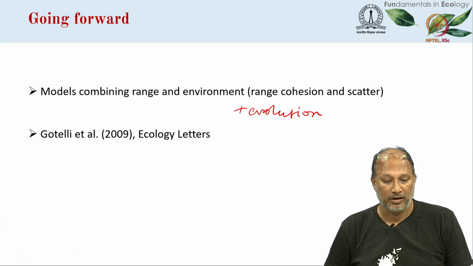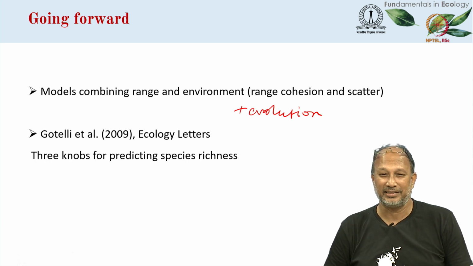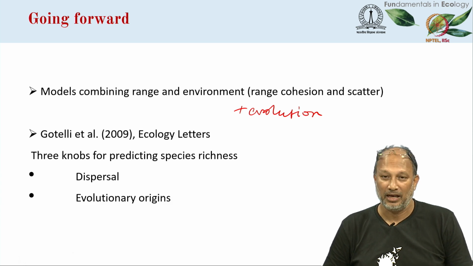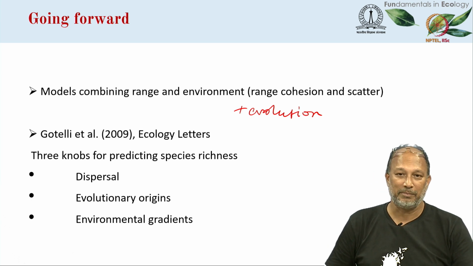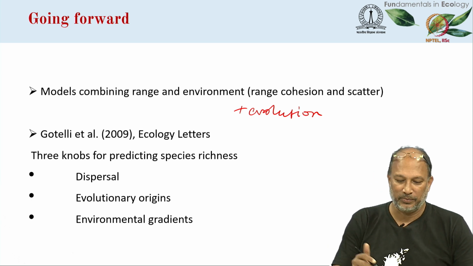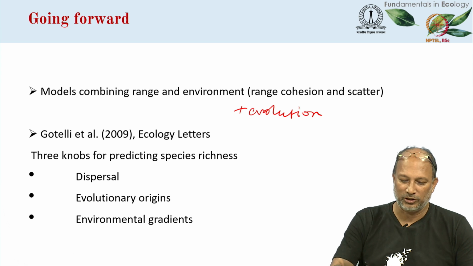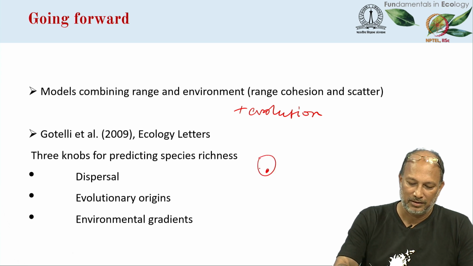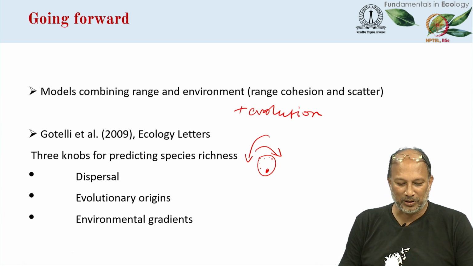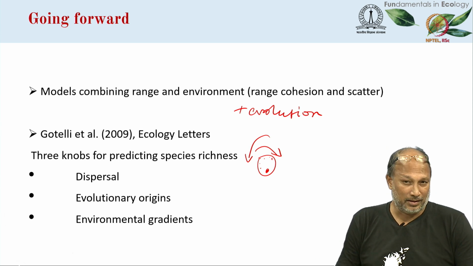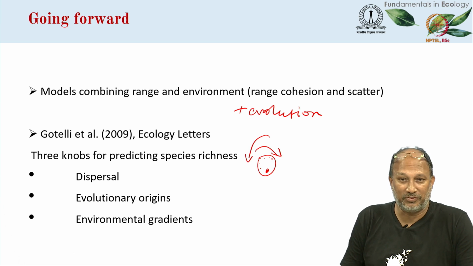As Gotelli et al. put it in their 2009 paper, we can think of these as three knobs for predicting species richness. The knobs being dispersal, evolutionary origins, and environmental gradients. And by knobs, what they mean is that, like with any knob, you can sort of dial it up or dial it down, and dialing these knobs up or down actually results in the patterns that we see for different taxa.